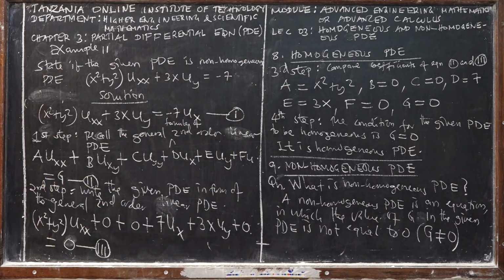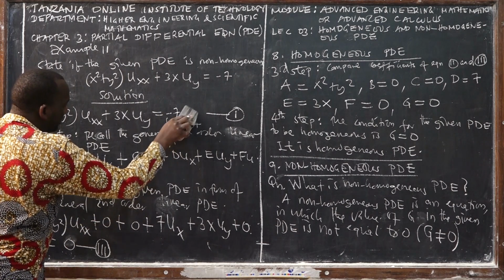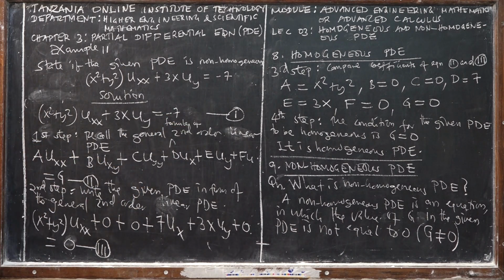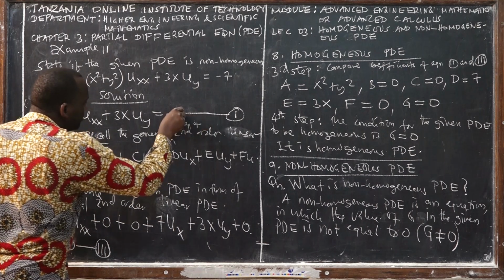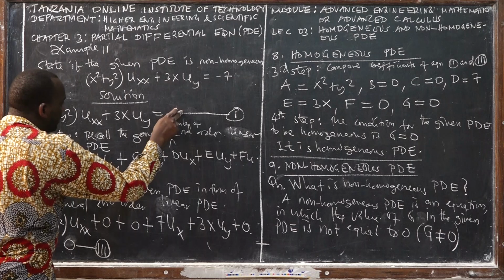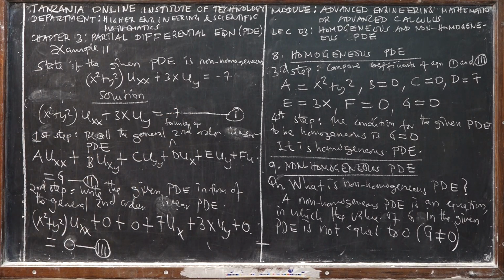So this is our example. Stop writing. This is our example. State if the given partial differential equation is non-homogeneous. We'll be given that partial differential equation. Solution: I said stop writing. So the solution will be given something like this one. Let the given equation be equation 1. Then the first step, recall the general formula of the second order linear partial differential equation in this form, and let it be equation 2.